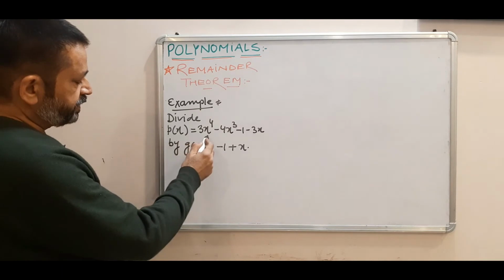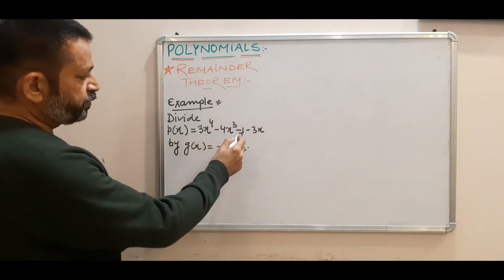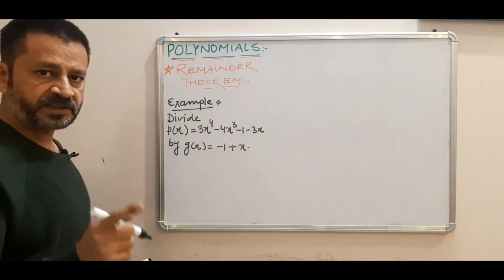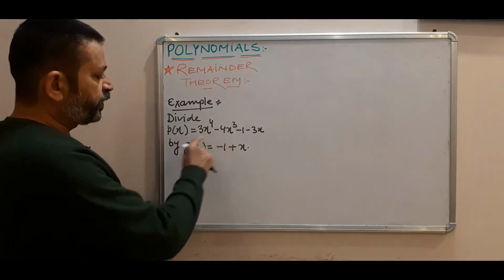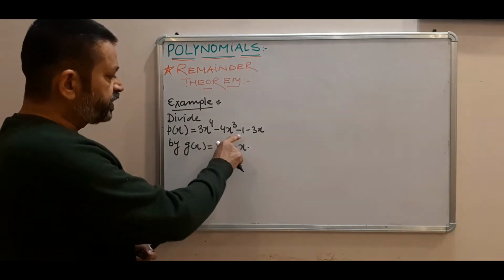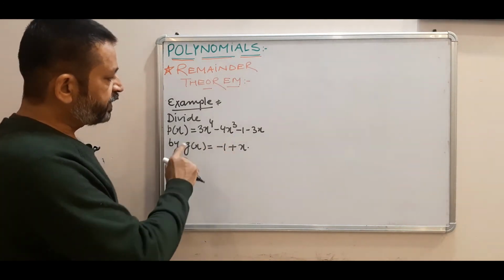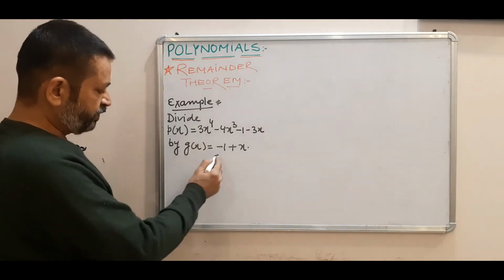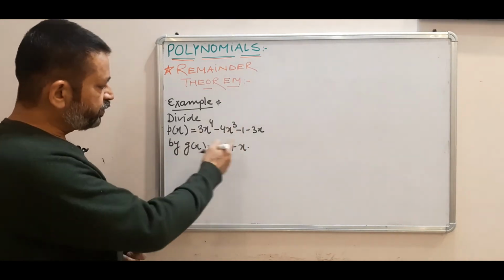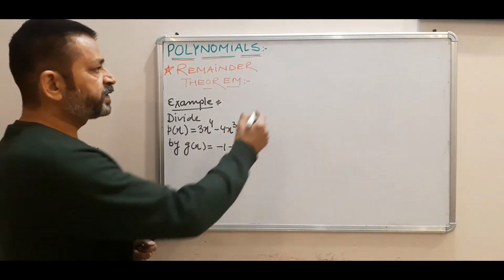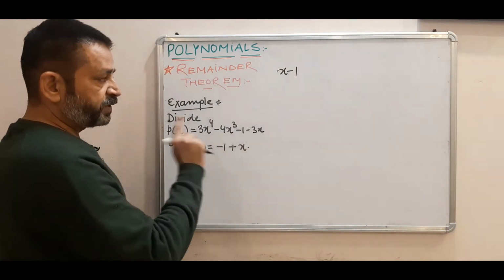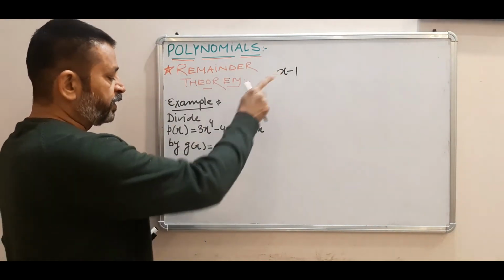Look at this example. Divide p(x) = 3x^4 minus 4x cube minus 1 minus 3x by g(x) = minus 1 plus x. So our first step is to check whether the given polynomial is in standard form or not. Here both the expressions are not in the standard form, so first we'll write them in the standard form, in descending order of exponents.